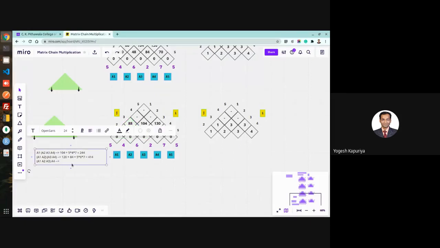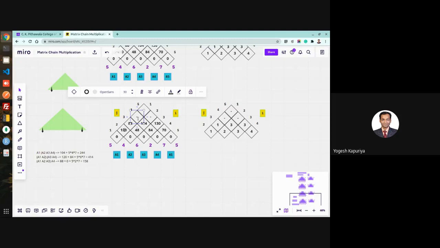So it is 88 plus A4 is obviously a single matrix, so 0, plus what is the dimension of A1, A2, A3? Dimension of A1, A2, A3 is 5 cross 2 and A4 is 2 cross 7. So 5 cross 2 cross 7, that is 70. So 70 plus 88, that is 158. So obviously the minimum is 158.